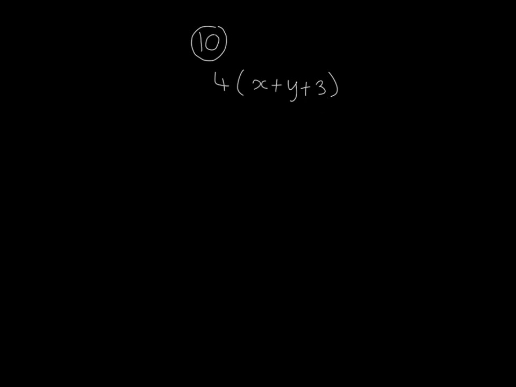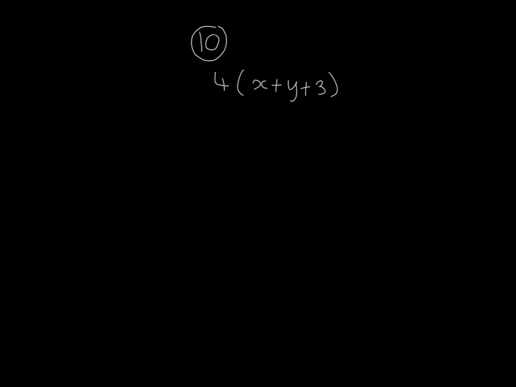So now we can multiply the 4 into the brackets. To do that, we need to multiply the 4 by the x, then we multiply the 4 by the y, and then we multiply the 4 by the 3. We multiply the 4 into each of the terms. So 4 times x gives us 4x.